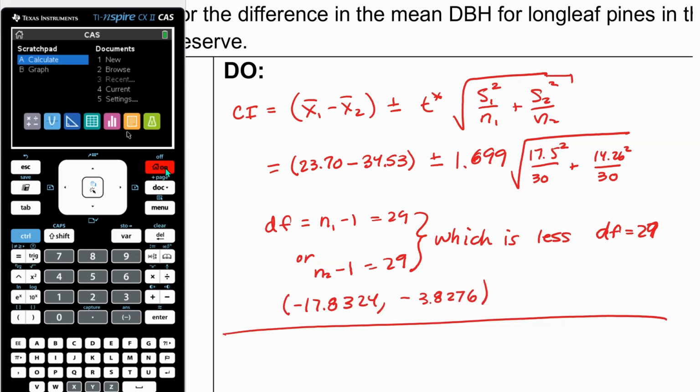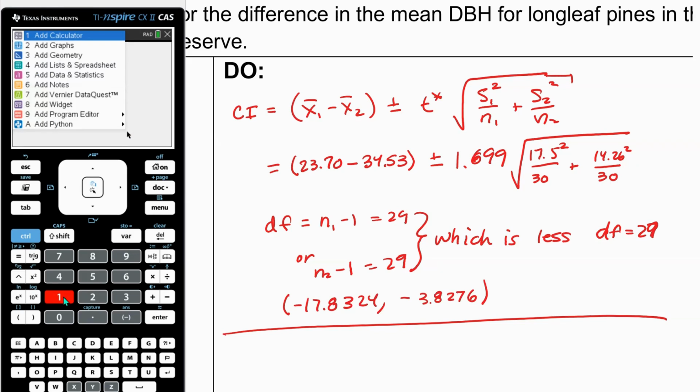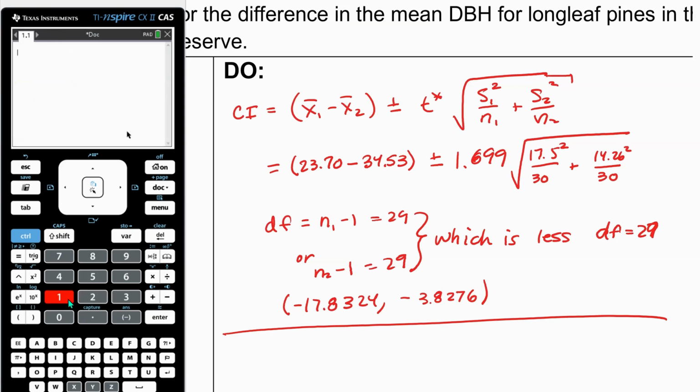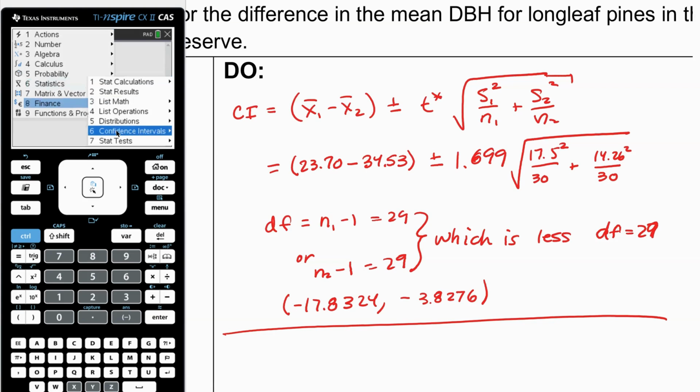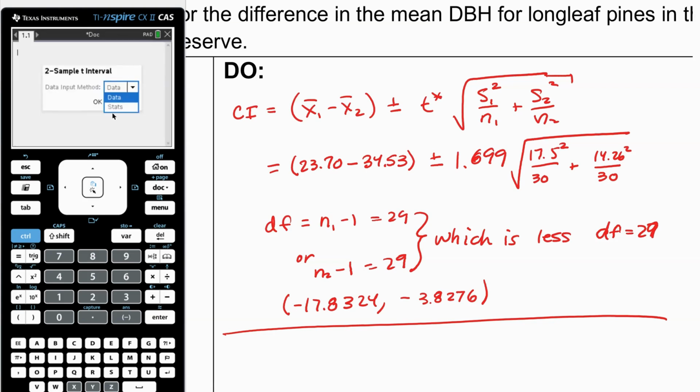3.8276. Okay, so let's go to the calculator and see what the calculator will give us if we do the whole thing on the calculator. Adding a calculator page, menu, statistics, confidence interval, and this is a 2-sample t interval. We don't have data, we have stats.